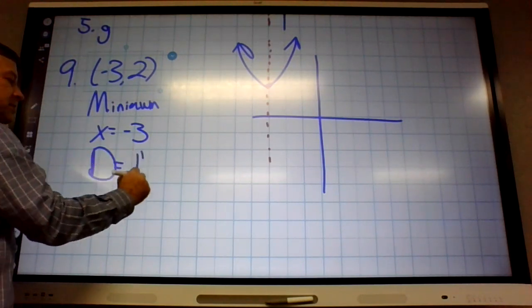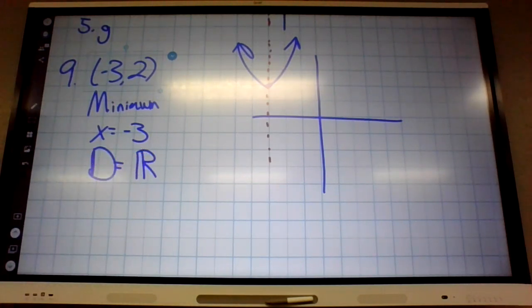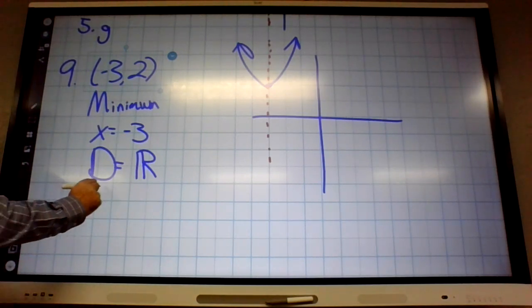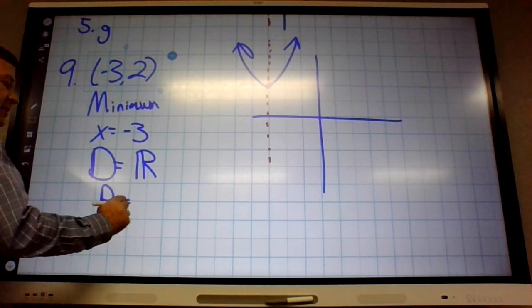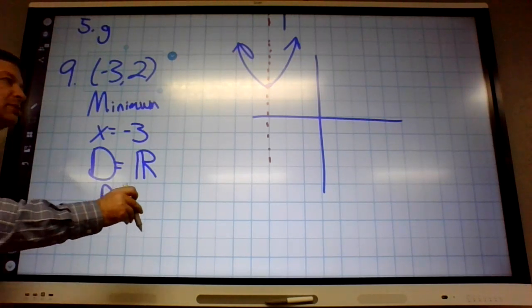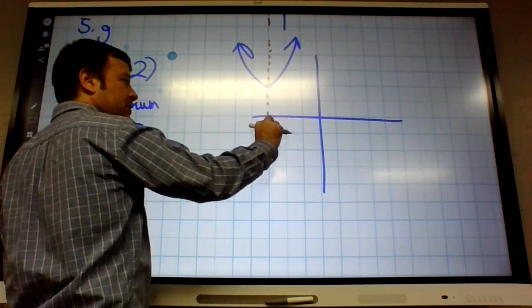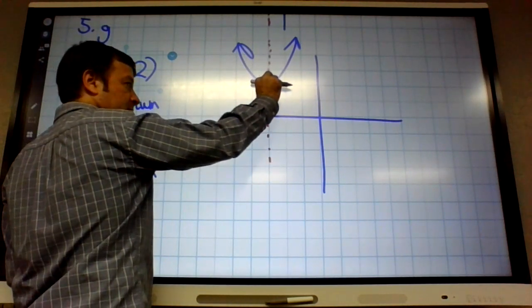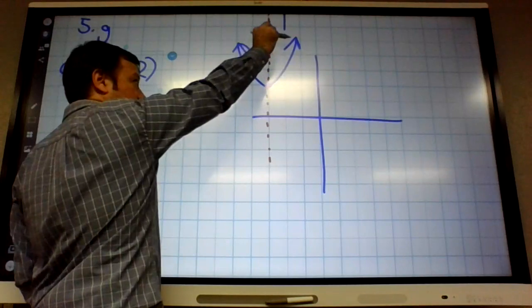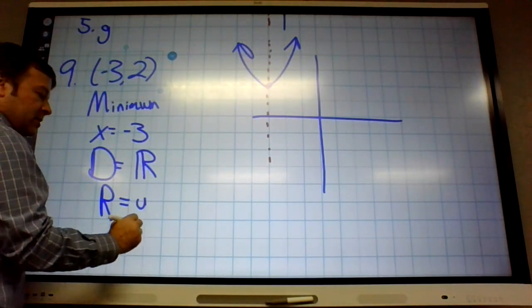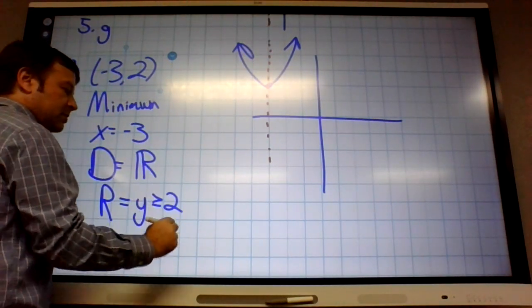All real numbers. Is it always going to be all real numbers? Yes. Because it goes left and right forever. What's the range? The y values include 2 and above. So y is greater than or equal to 2.